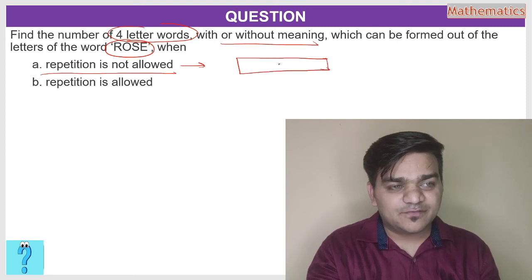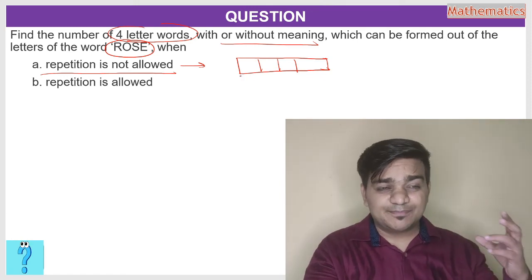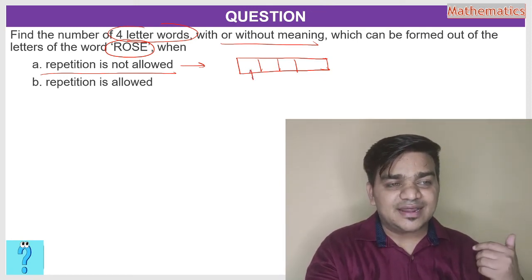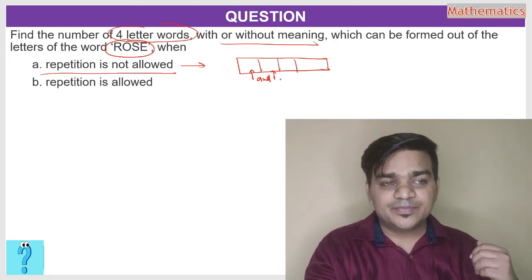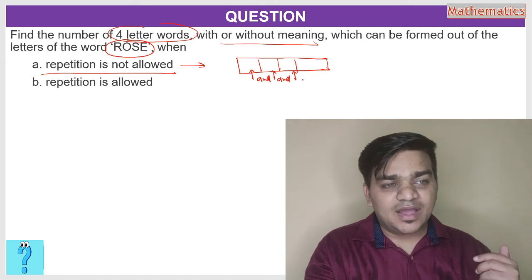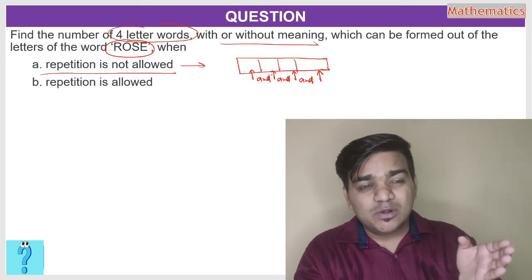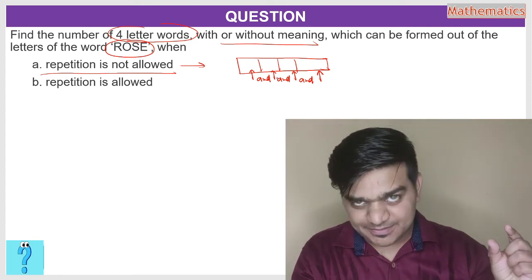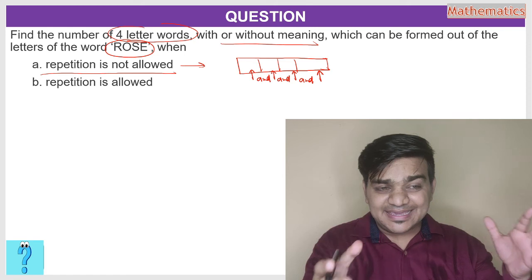We need a 4 letter word, which means we have 4 places. So practically we have to put one letter here, one letter here, one letter here, and one letter here. Between all these steps we have the AND word, which is the connecting word for each step.